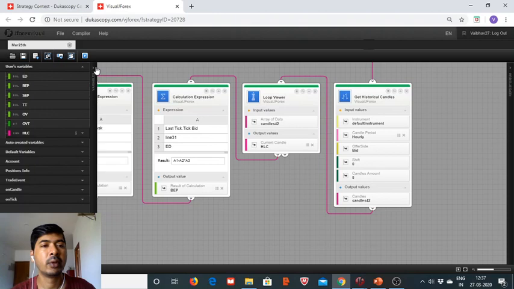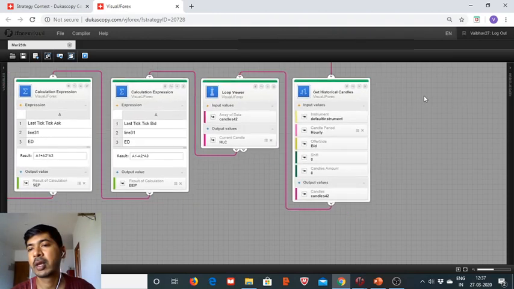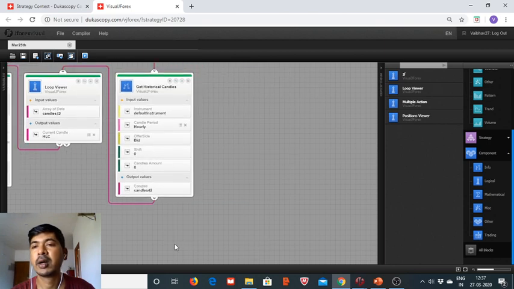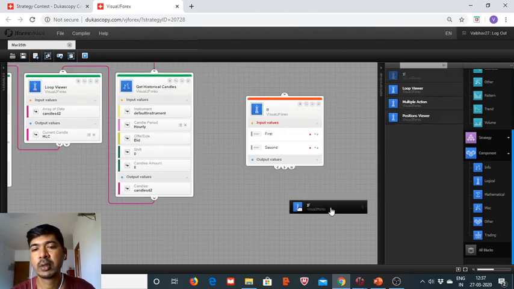So let us again go back to bringing in the if blocks, and then we will add these if blocks.